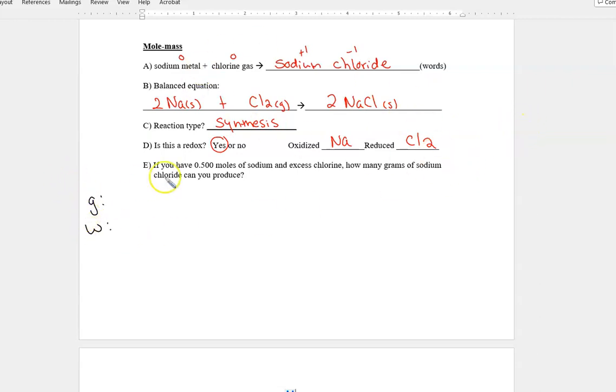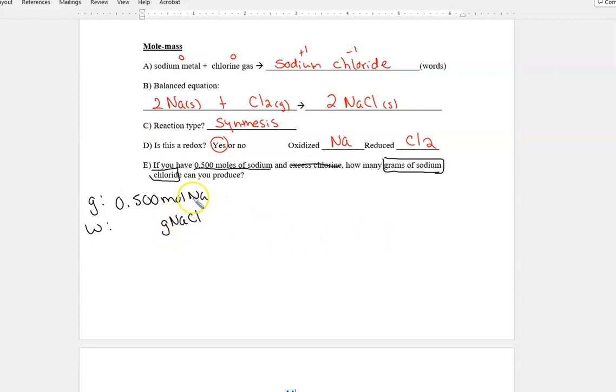So I have my given and wanted here. Again, I'm starting out with moles, and I'm going to mark through the excess words, and this time I'm looking for grams of sodium chloride, NaCl. So I'm starting with this and looking for grams of NaCl.